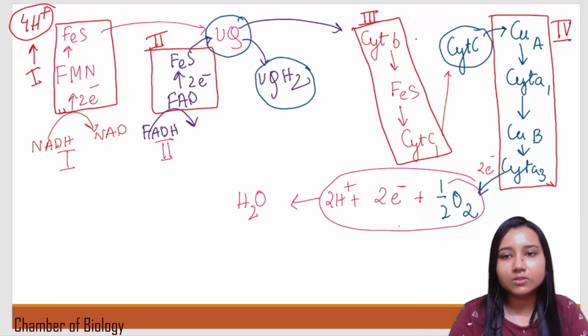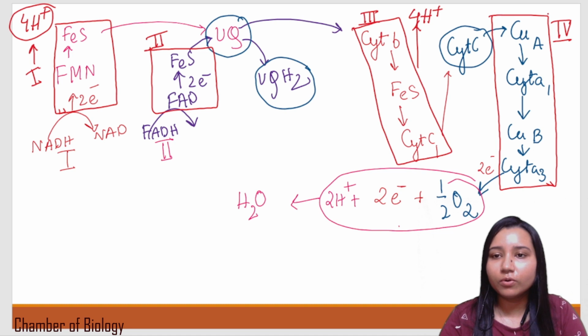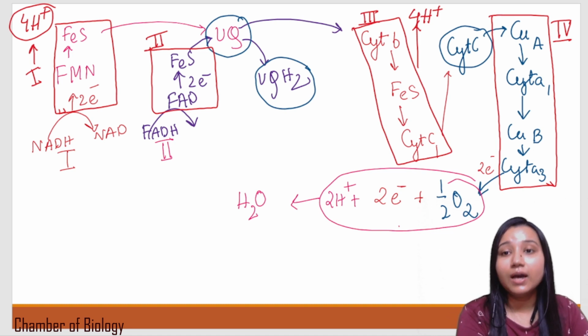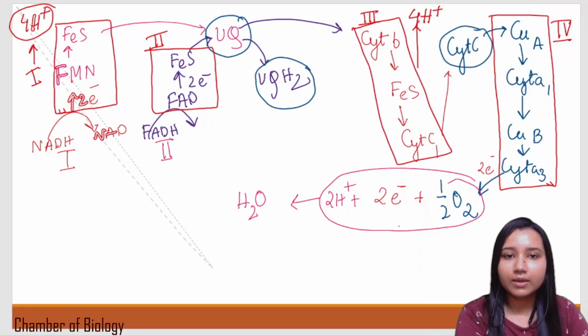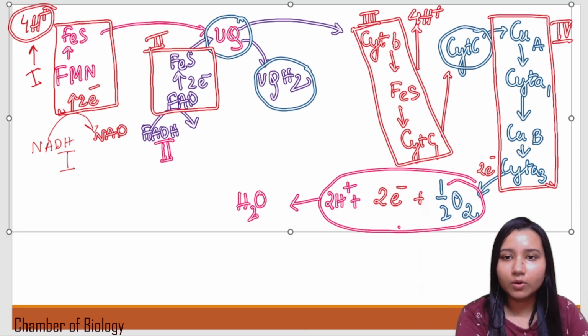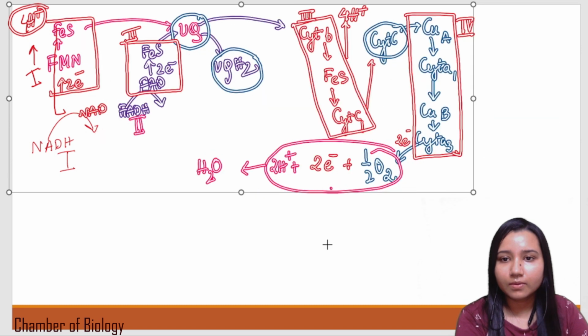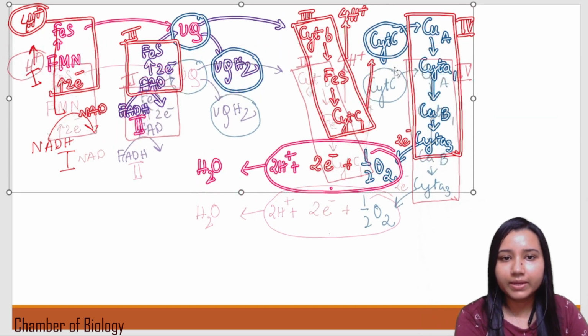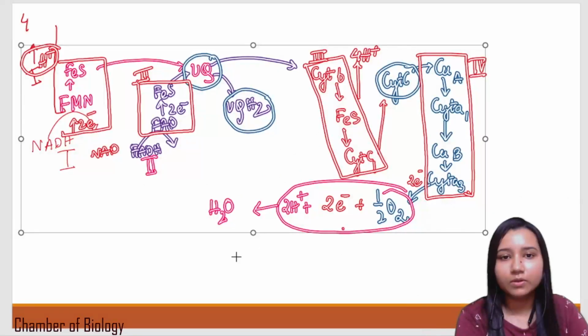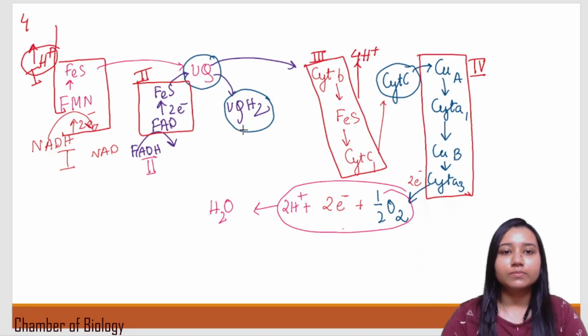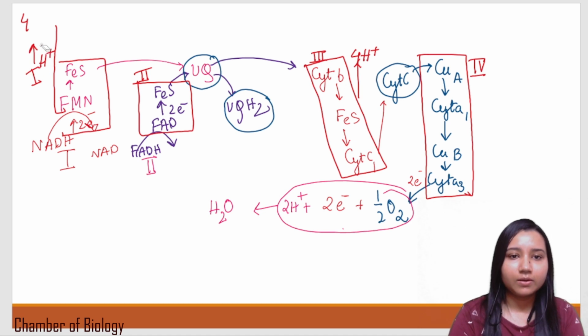And this is also going to pump 4H plus, but the complex 4, our cytochrome c oxidase, is not going to pump. If I make this a little bit smaller, so we can draw it very well, let me erase it here and draw it well.